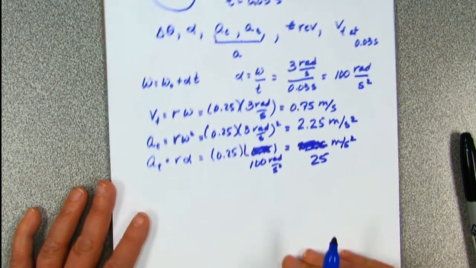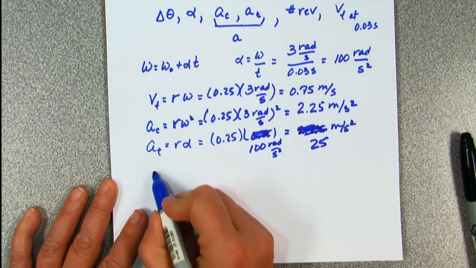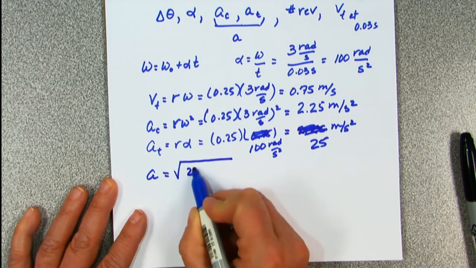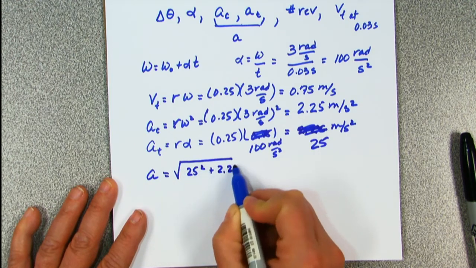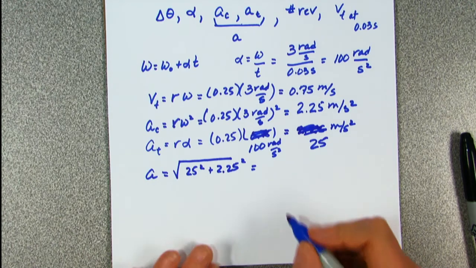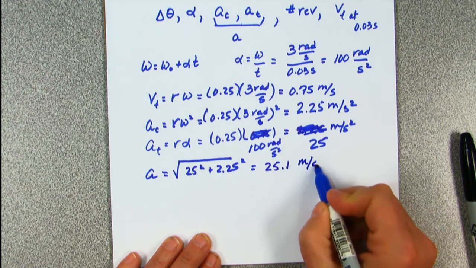That's 25. Then a is going to be the square root of 25 squared plus 2.25 squared. Gives me 25.1 meters per second squared.